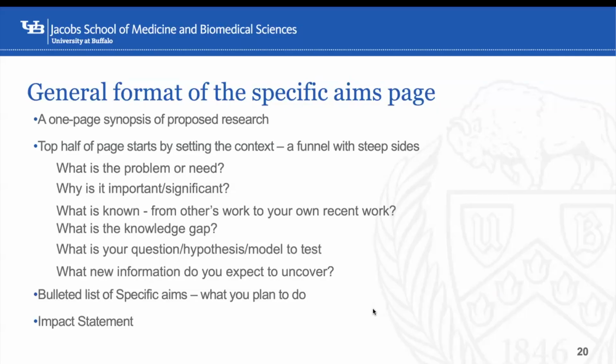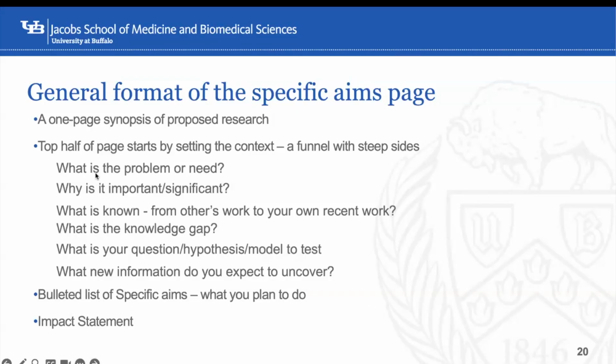So because of that, as I said, the general format is very formulaic. You have a one paragraph synopsis of the proposed research. The top half has one or two paragraphs that form a funnel with steep sides, right? What I mean by that is that you're funneling from general to very specific very quickly, but you're doing it in a way that's easy to understand.